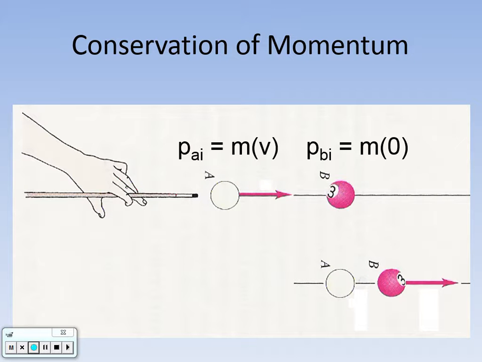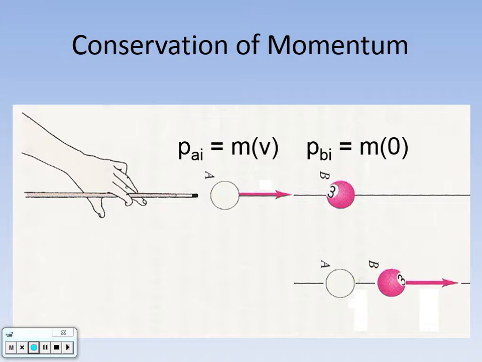So these two would be the individual momentum of each object before the interaction. So PAi is equal to m times v, and PBi is equal to m times 0.